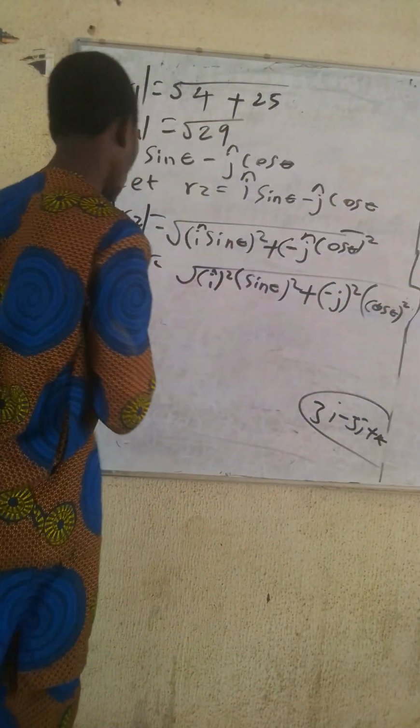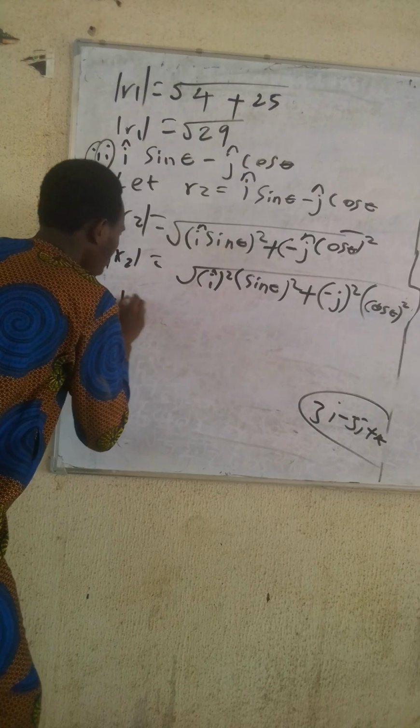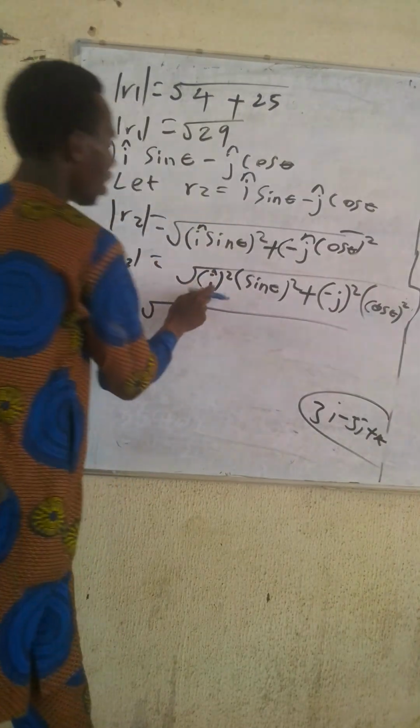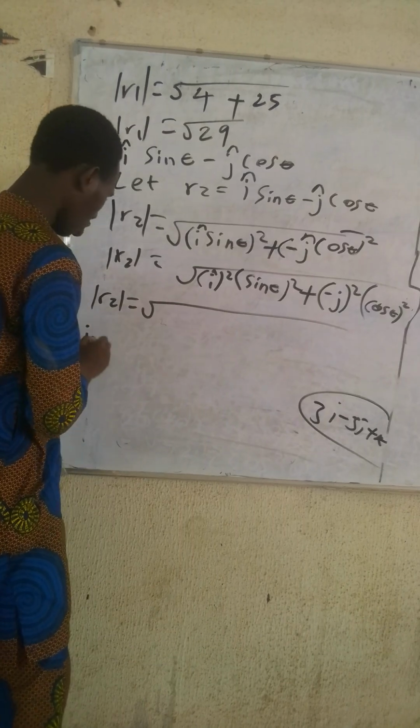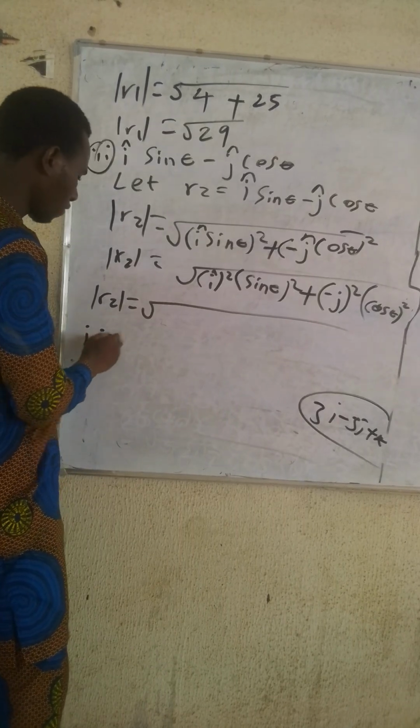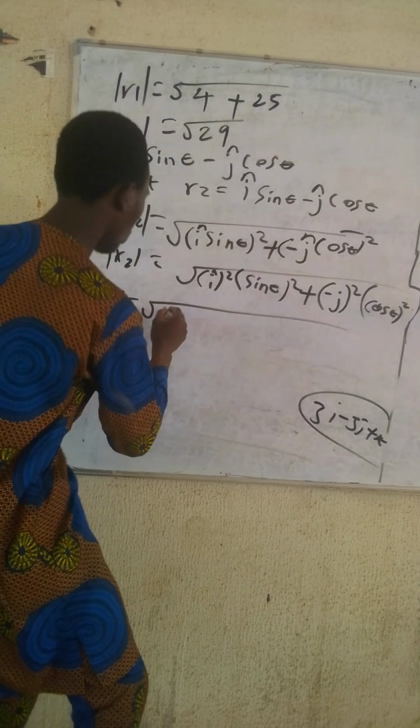Having done that, what do we have next? The modulus of R2 equals i squared, which is i dot i, and i dot i in vectors I told you is 1.